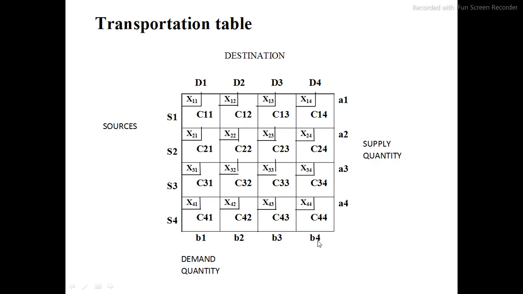When we solve the problem, we will understand it better. So the rows represent supply quantities, whereas demand is represented by columns.